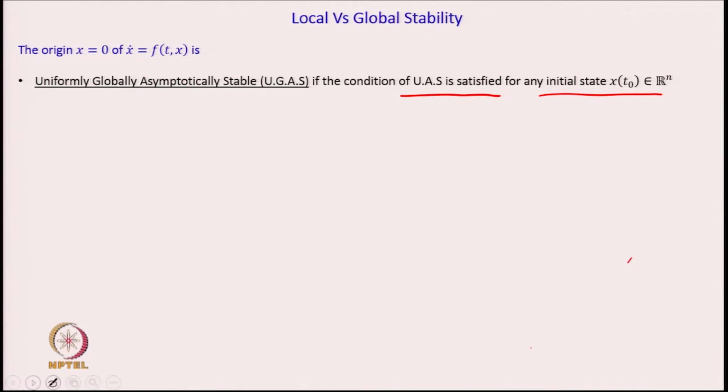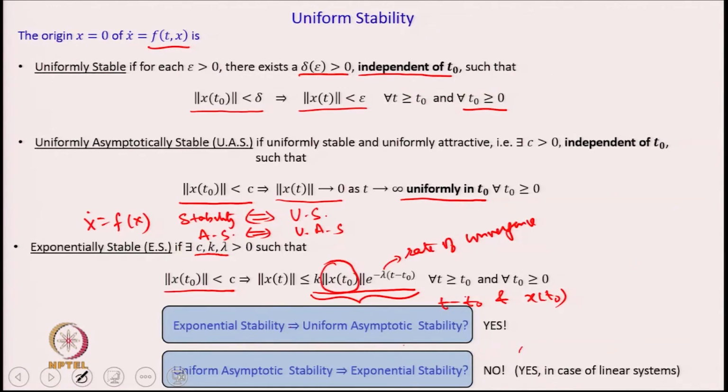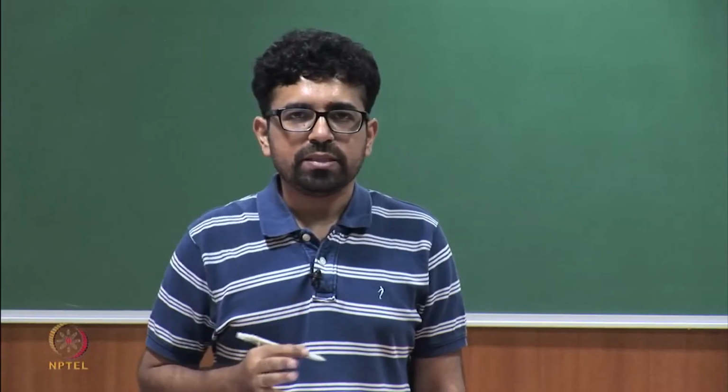So, if we go back here, we stipulate that x of t naught start within some region of radius c. So, we say that this kind of stability is local, that is the initial conditions have to be within some local region of radius c.